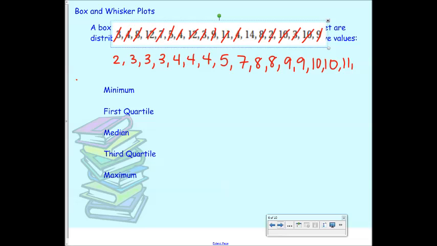Then which one should I find next? The median. I want to do the median next because I need that to find the first quartile and the third quartile. So I'm going to count from the outside, and I'm not going to cross off as I go because I'm going to need to cross off later. So I'm just going to count and put dots underneath. So 1 here, 1 here.